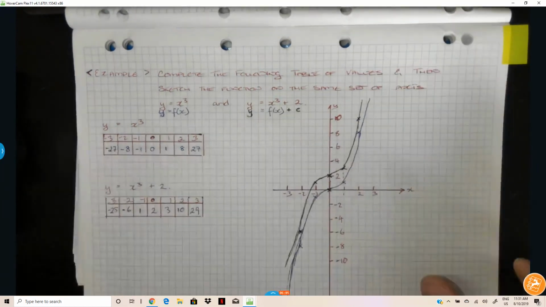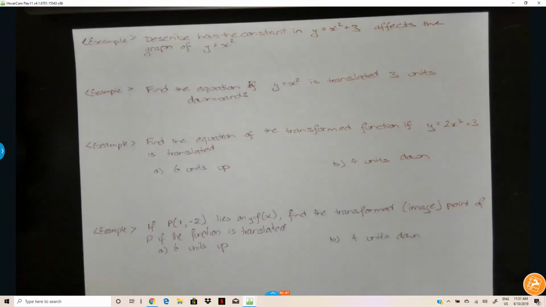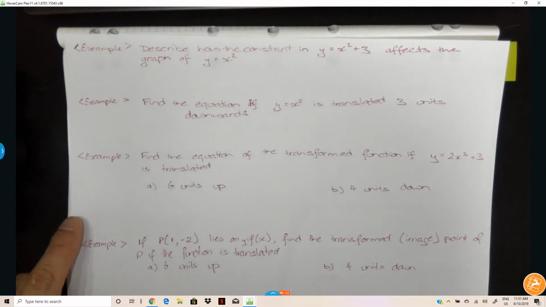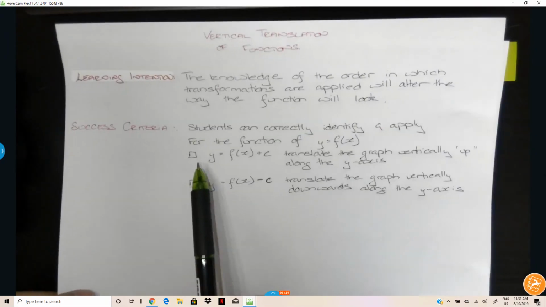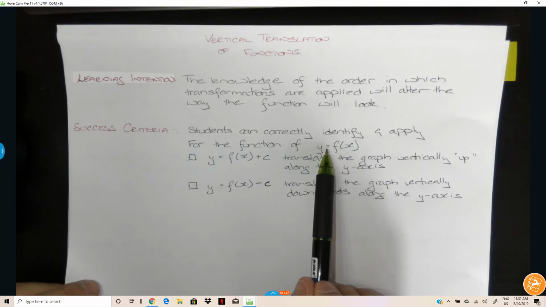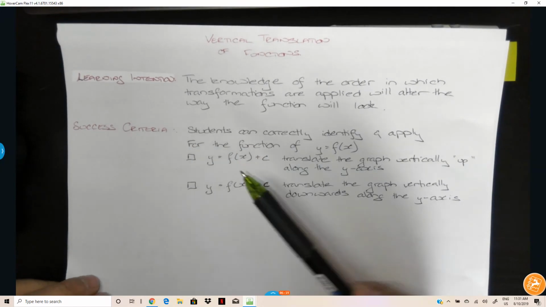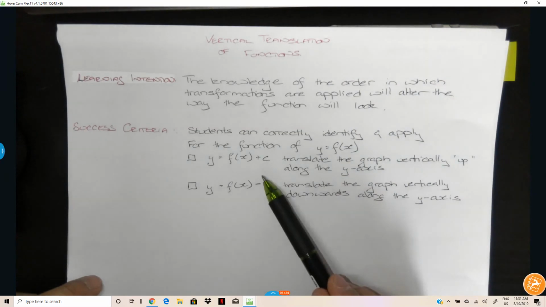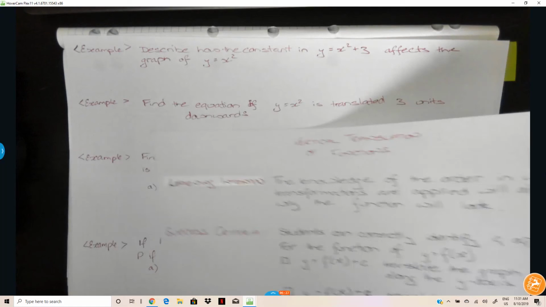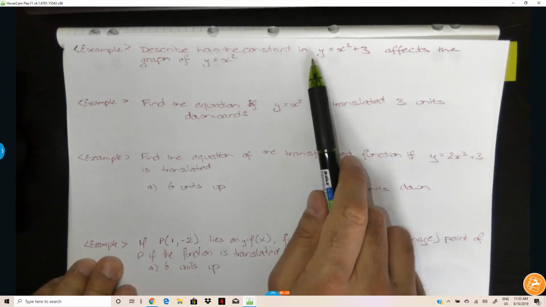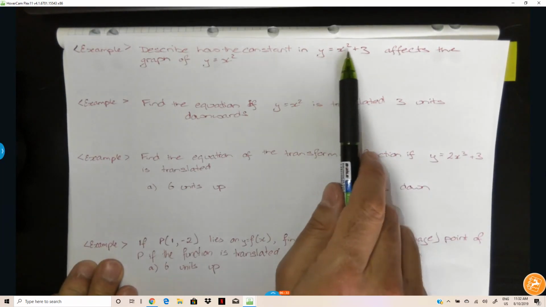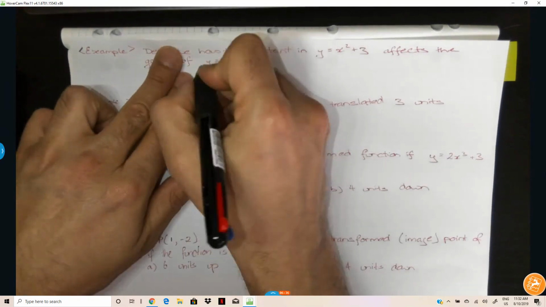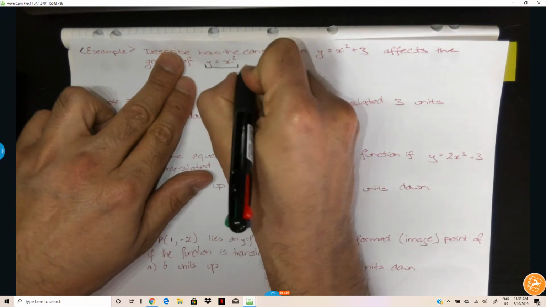Let us do some other examples with that information. To reiterate, when we have a function y equals f of x, if we add c, it translates it up the y-axis. If we have negative c, it translates it down the y-axis. Describe how the constant in y equals x squared plus 3 affects the graph of y equals x squared. This is our parent graph.